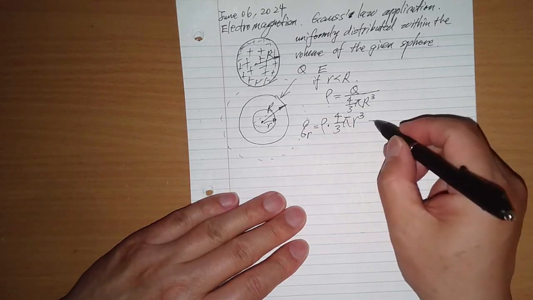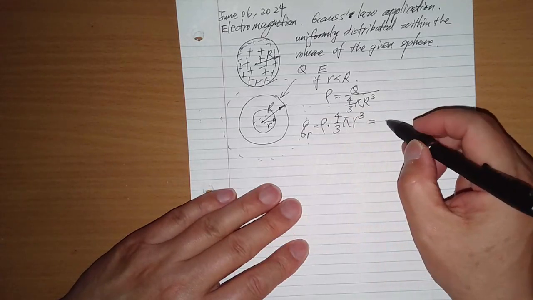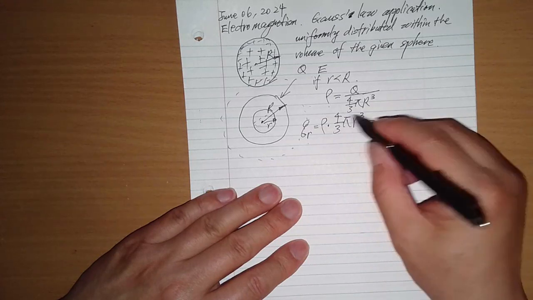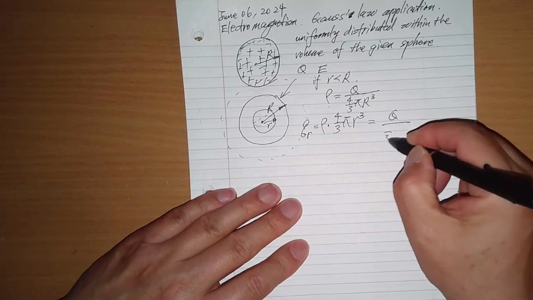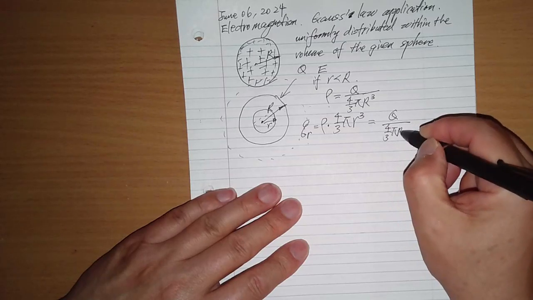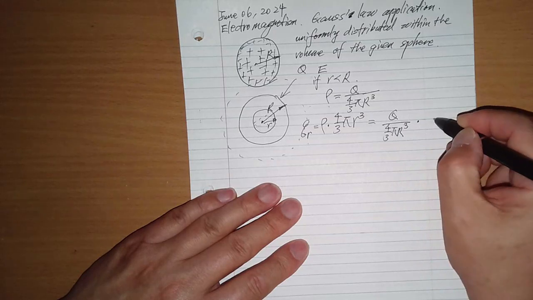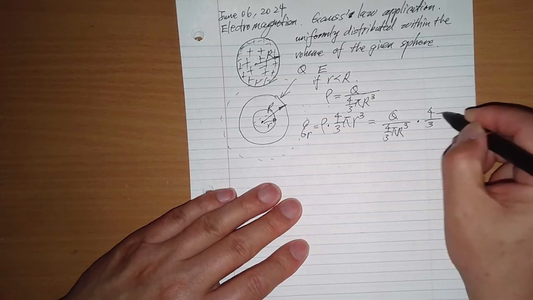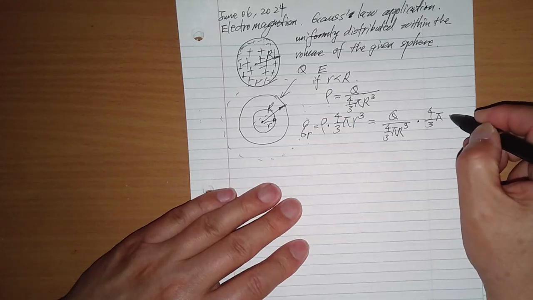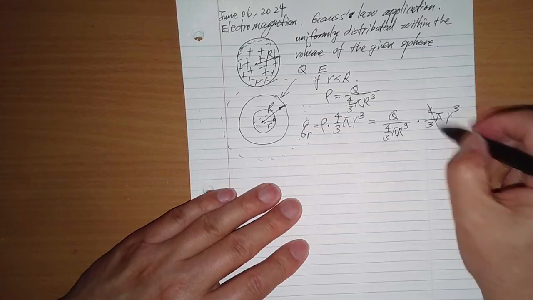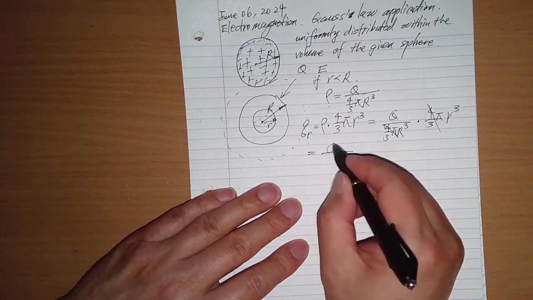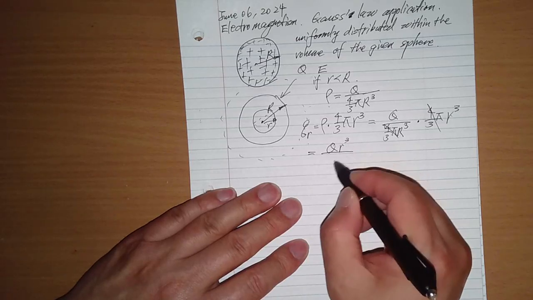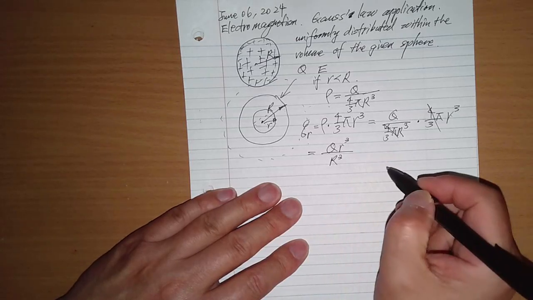And then we can plug this in, and the rho is right here. So we get Q over four thirds pi big R cubed times four thirds pi little r cubed. So those cancel out. So what we have is Q little r cubed over big R cubed.